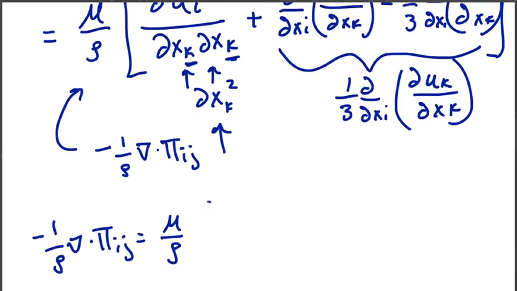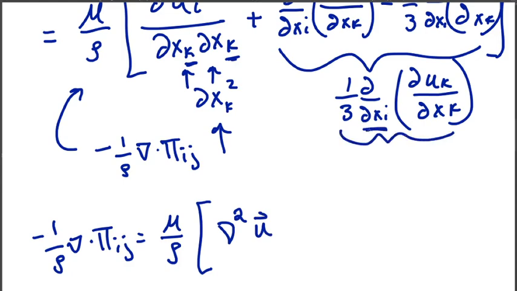That's going to be a Laplacian on the vector u, and then this term here is a gradient. The vector information in the i is located in the gradient. This is 1/3 of a gradient on the quantity div of u.